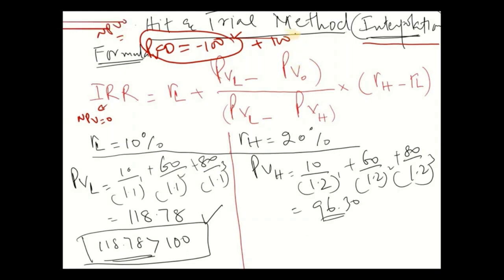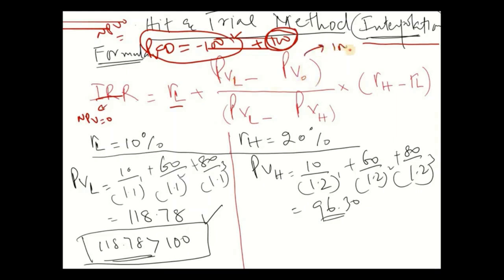It means we should find a rate at which our present value of cash inflow is 100, right? So we need to find that rate. That is the formula you need to use: R low, meaning the lower rate, plus the present value at the lower rate, minus PV original, which is how much?